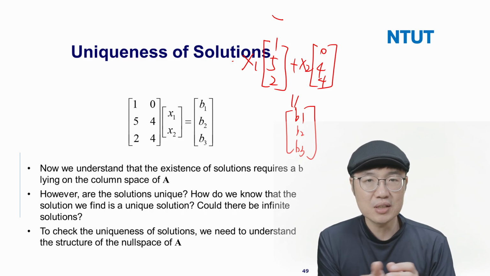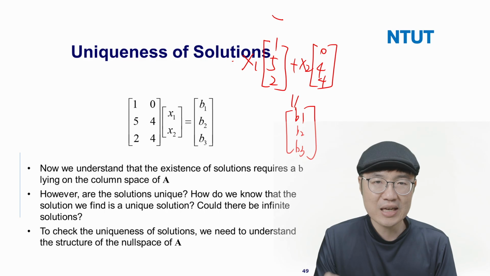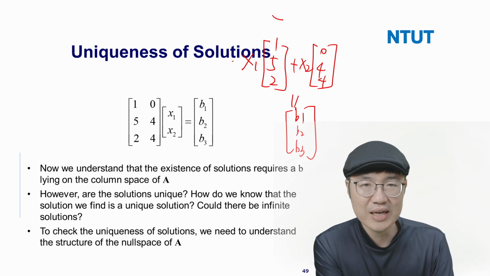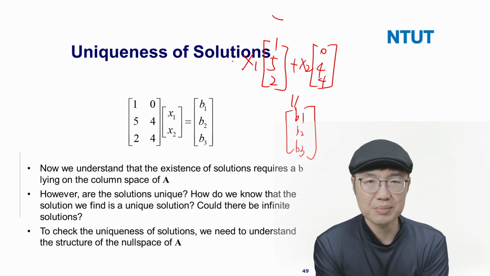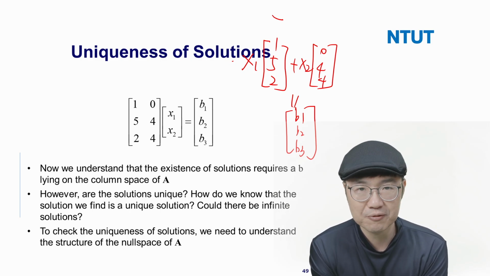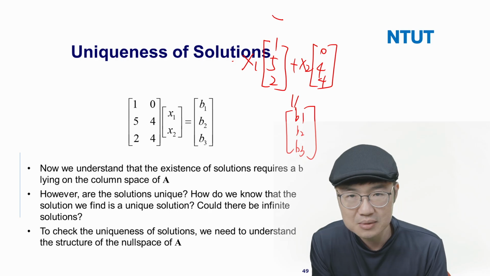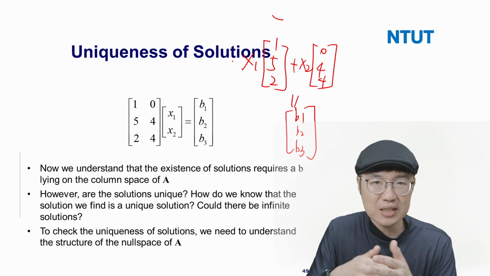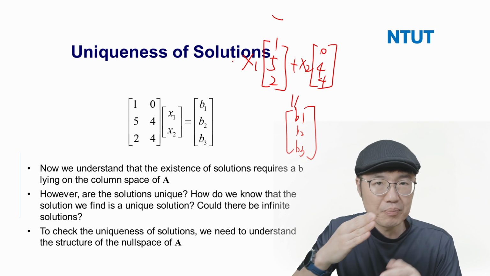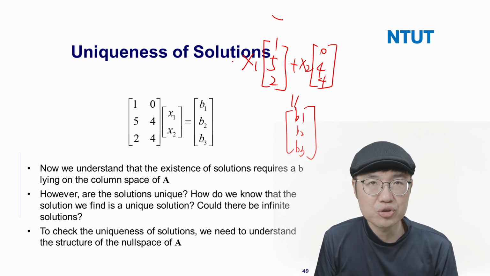You cannot tell this easily from the row structure. If you use the row point of view, like x1 plus 0x2 equals b1, 5x1 plus 4x2 equals b2, 2x1 plus 4x2 equals b3, then we have to figure out whether they have a solution, because each of them is a line in the two-dimensional plane.